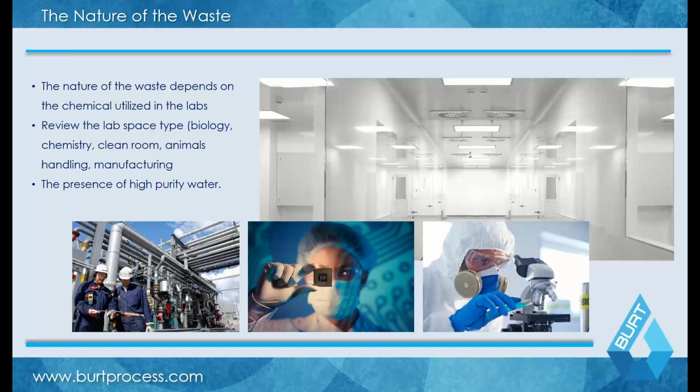A lot of times people will give a list of chemicals, for example. This is everything we have on site, but we only use X, Y, and Z in some very small quantities. Or maybe they're a pharmaceutical and they're dumping CIP waste down the drain continuously with water. These are the things that you need to understand, or we can help you understand, to determine how much capacity or what type of system or sizing you want to look at.